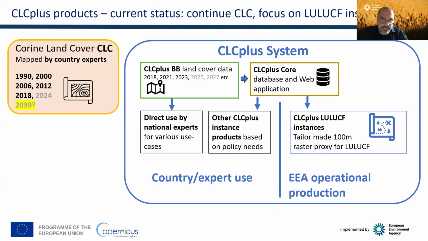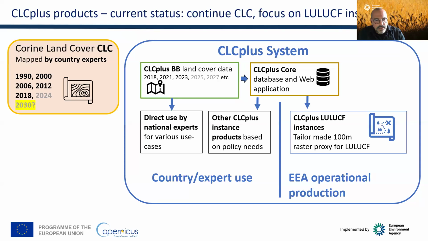So how we do this is, again, we create a specific product to support LULUCF, the so-called LULUCF instance. And that is a geospatial data set that gives us a country-data-independent proxy for what the countries are reporting. So we're trying to map the same thing that the countries report in these tables.